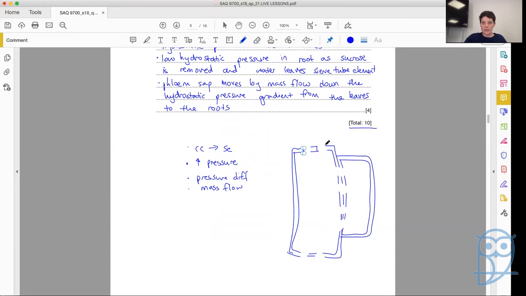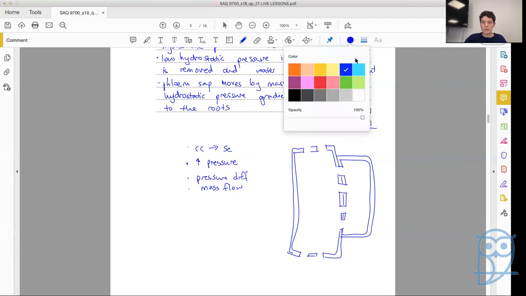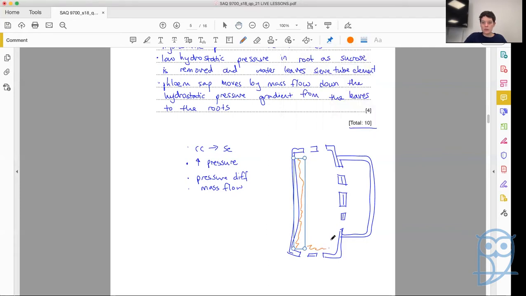Okay, so sieve plates on either end, plasmodesmata into the companion cell. Okay, and then we've got a sort of a thin layer of cytoplasm around the outside. Of course, we've got cytoplasm as normal in here. And remember that cytoplasm is relatively jelly-like. Okay, so think of jelly and custard, like nice, thick, wobbly jelly.